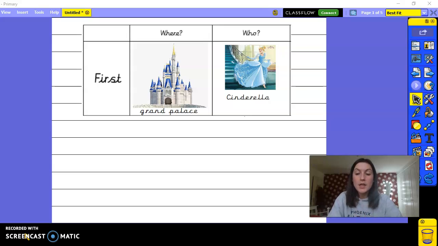So before we start, I'm going to use my plan and verbalise my sentence before I put it to paper. So I want to say from my plan, first, the Jolly Postman went to the Grand Palace to deliver a letter to Cinderella.